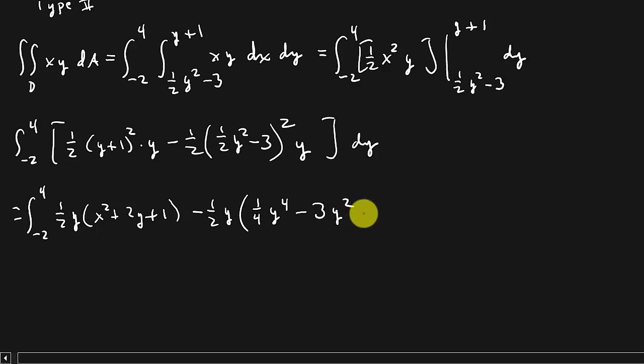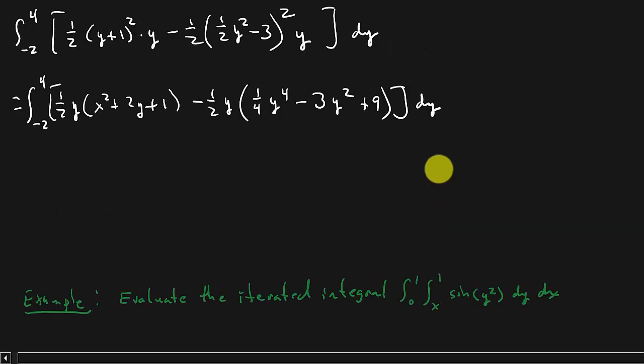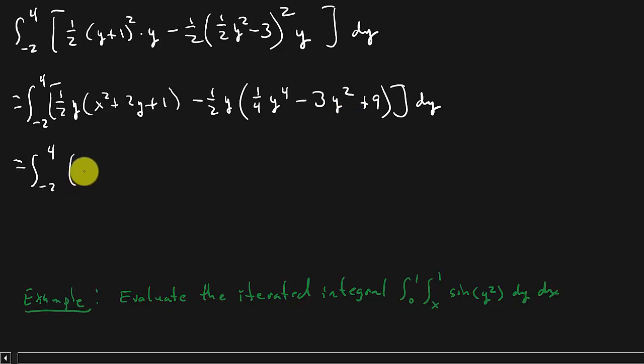And then plus 9, dy. So basically I'm going to distribute this to this, distribute this to this, and then combine like terms. And after I do all of that, that is going to give me negative 1/y.